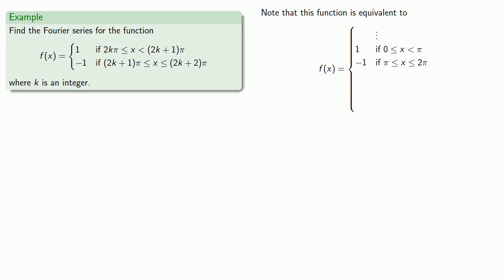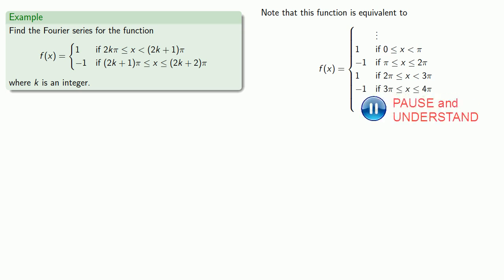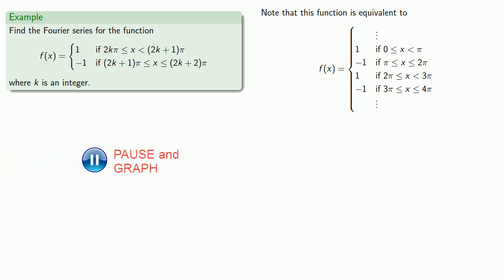If k is 1, then we're 1 between 2 pi and 3 pi. And again, if k is equal to 1, then we'll be minus 1 between 3 pi and 4 pi. And this behavior continues ad infinitum, and so our graph is going to look like this.